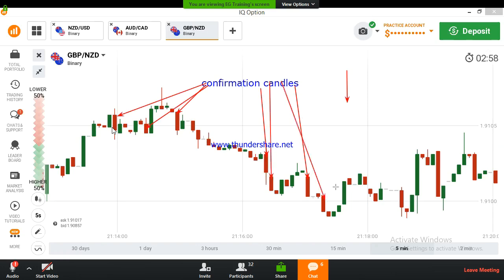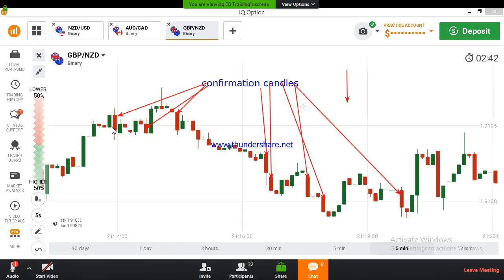You can take these candles as confirmation candles if you want to place a lower option. If you see this type of candles in 5 seconds in the running minute, then you can place a lower option directly with these confirmations.